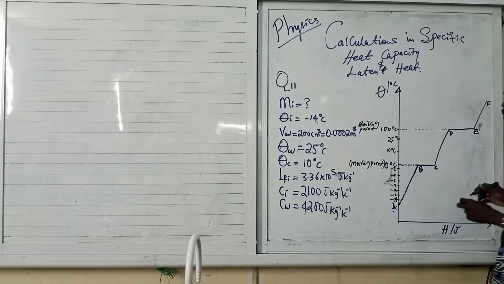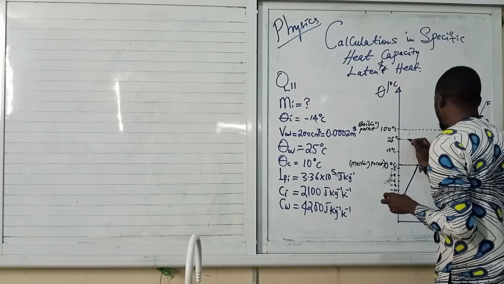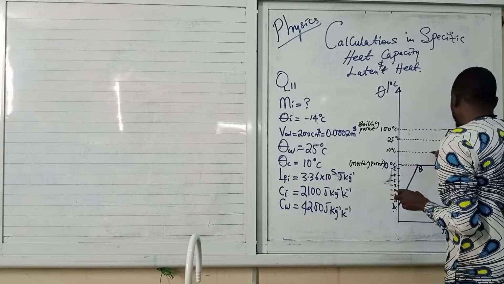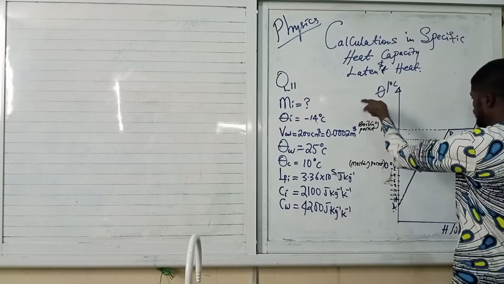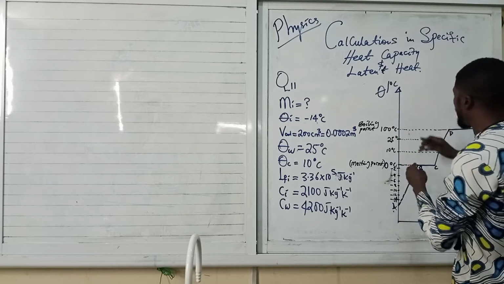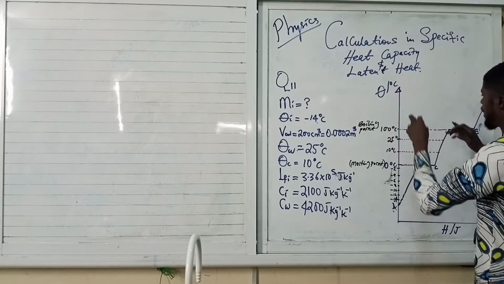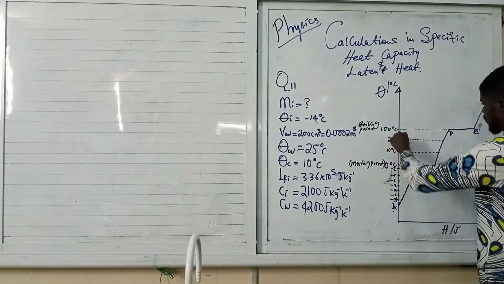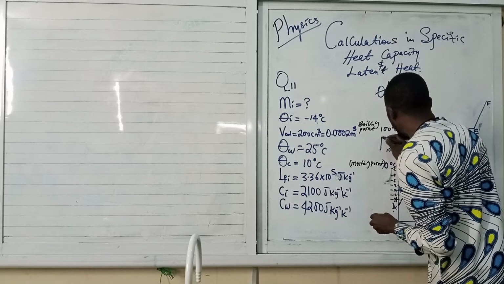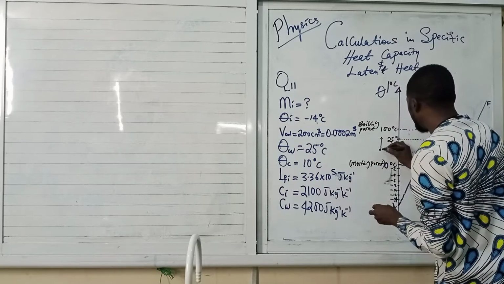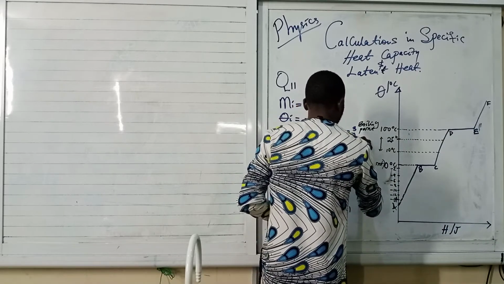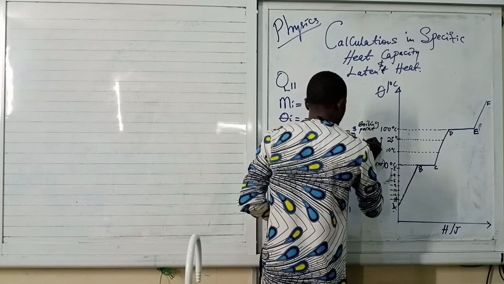So let's trace this line back to this place, and this line back to this place. This is melting point, this is boiling point. Now, from our graph we are not making use of from here up. We are making use from 25 down to -14. So the change in temperature from 25 down to 10°C is 25 minus 10.